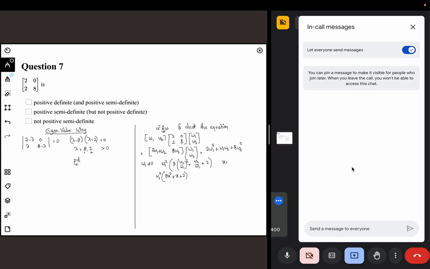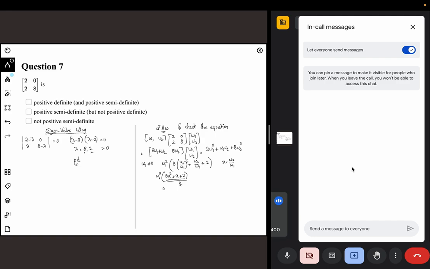So what can I say about this particular polynomial here? Okay, let's make it equal to 0.